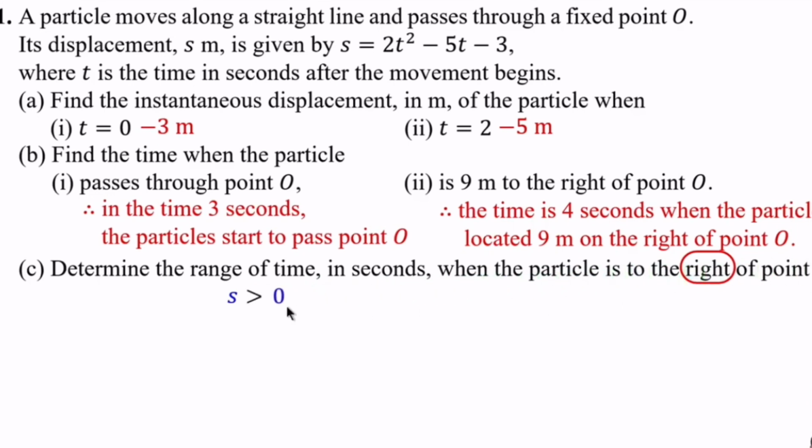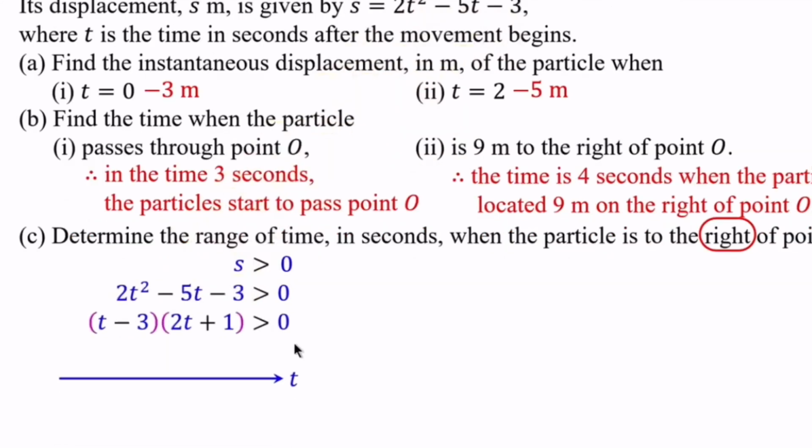So we will solve the quadratic function. We will get the range of the t, right? Do you still remember how to solve the quadratic function? You have to sketch a U shape, and then you have to choose the side whereby the function is above the t-axis. We don't have x. It's just like the quadratic function you learn in Form 4.